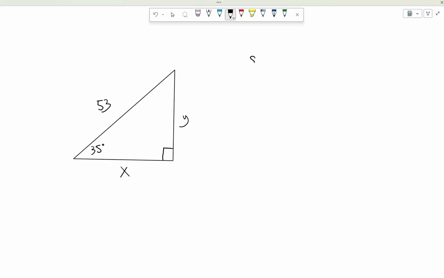And we're going to solve for x and y. Now, a couple ways we can do this, okay? And the first one I'm going to use has to do with so, right? Because let's go ahead and solve for x first, okay?